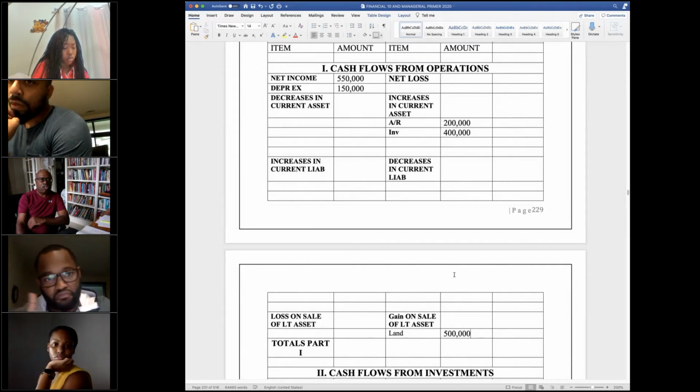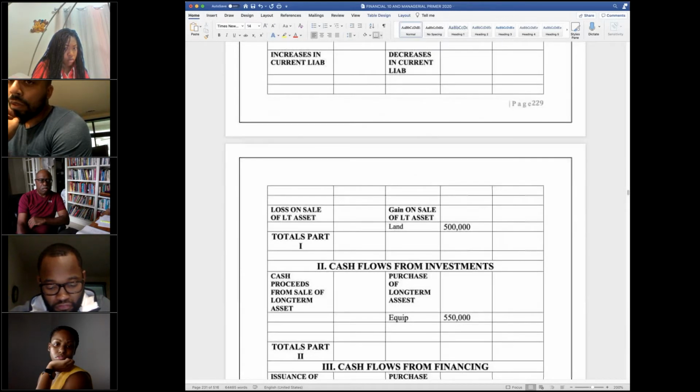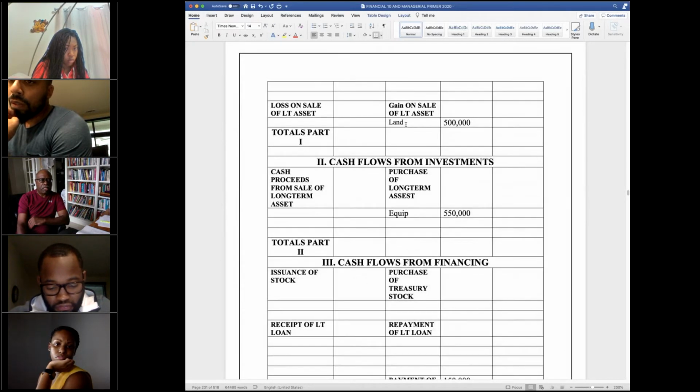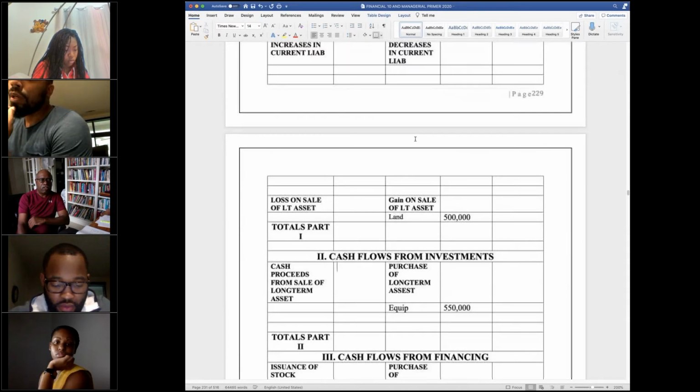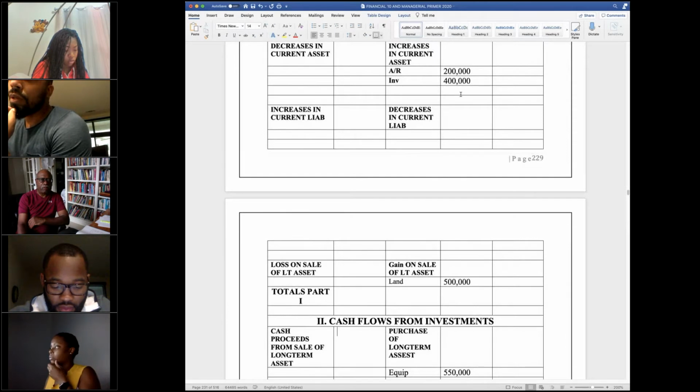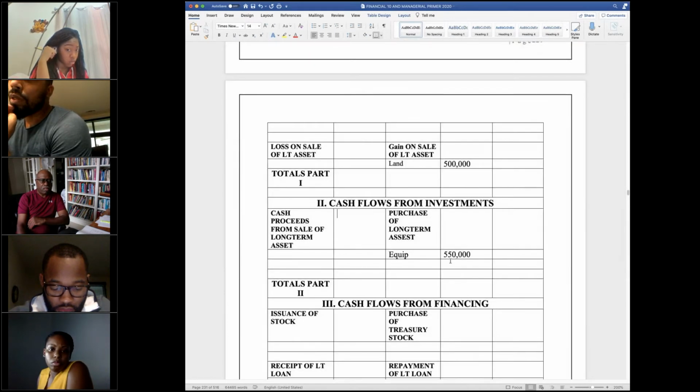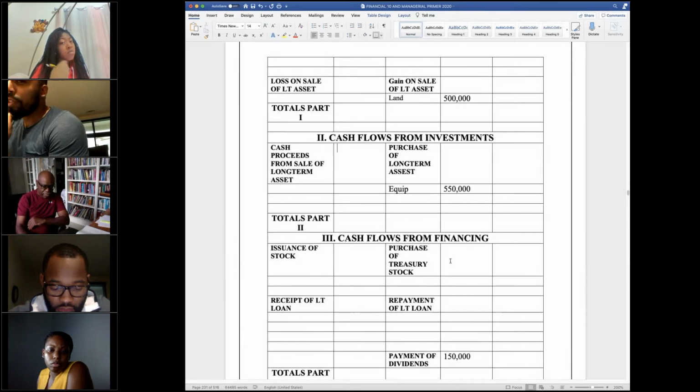So we don't want to show it here. We want to show the proceeds of the land down here. And we said those proceeds would be cost plus the gain. So that would be $600,000.